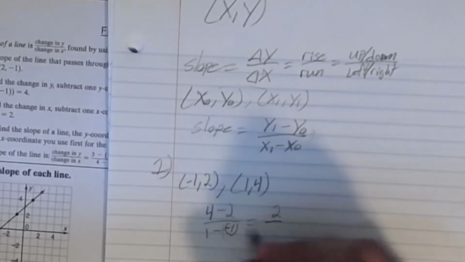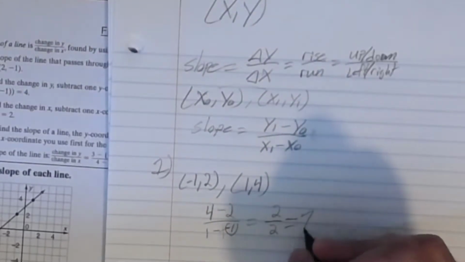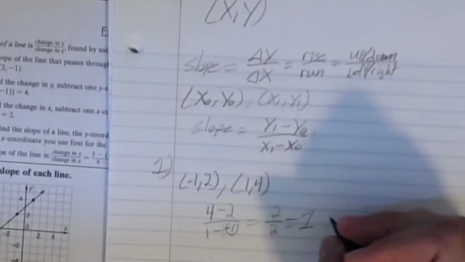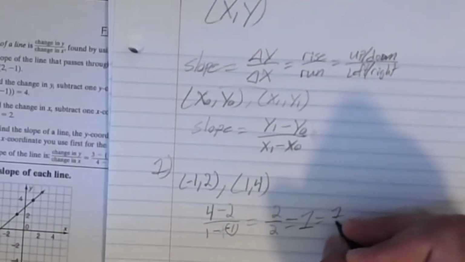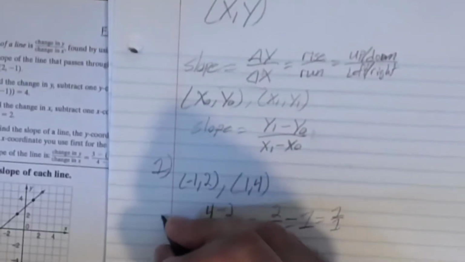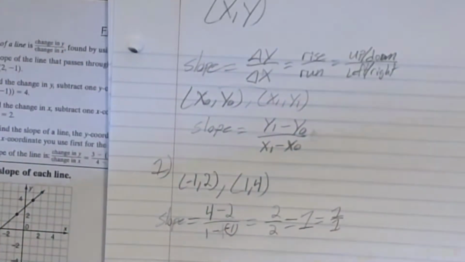And we get 1 plus 1 now, so that is 2. So the rate of change is 1. That is our slope. Another way of writing this is 1 over 1, but it's still 1. Our slope is 1. That's the first one.